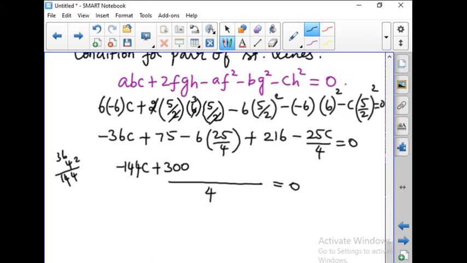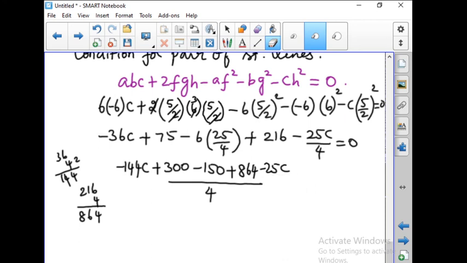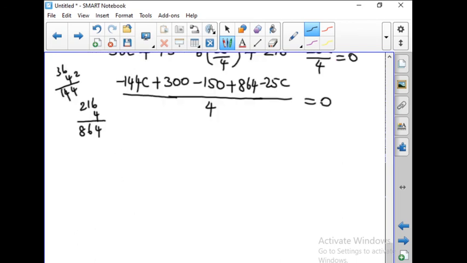Here we have 4 in the denominator, so 6 into 25 is −150, plus 216 into 4, which is 864, minus 25c. Now if we cross multiply by 4, it will become 0. So this is equal to 0.